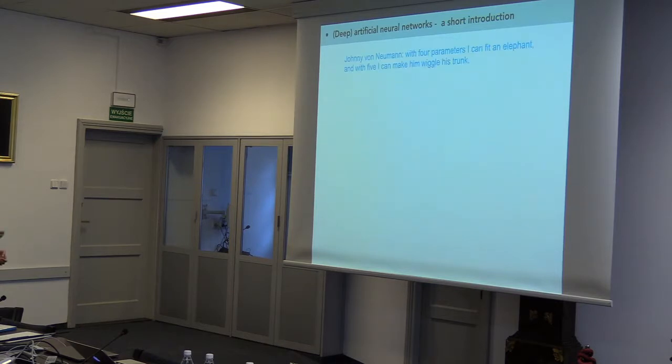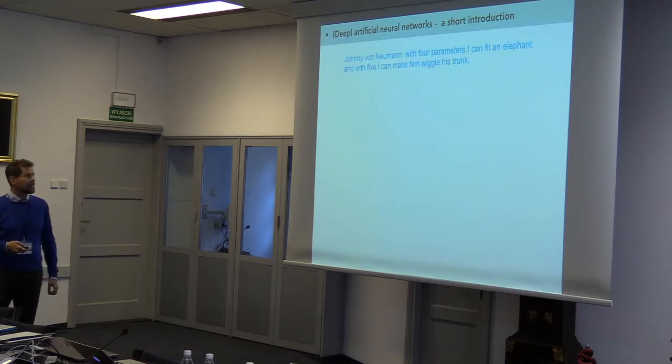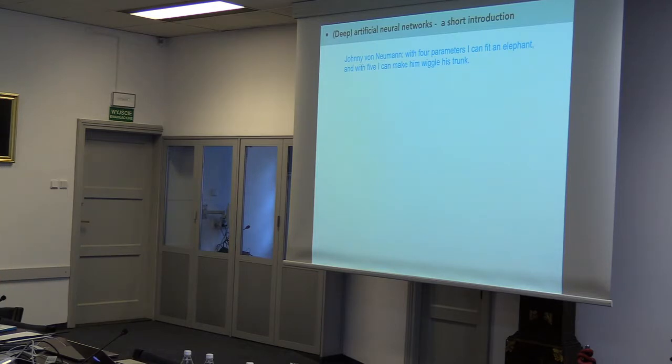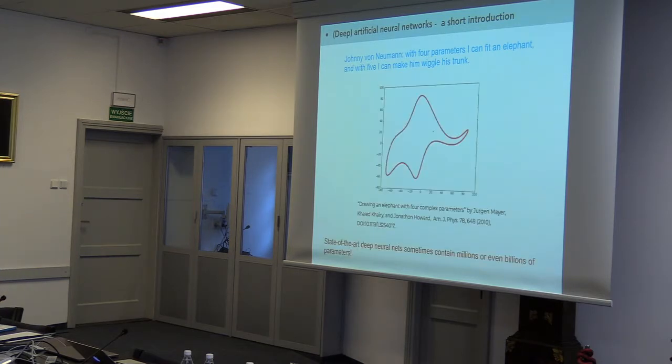John von Neumann said at one point that with 4 parameters I can fit an elephant, and with 5 I can make him wiggle his trunk. So with a lot of parameters, it's very easy to overfit, and actually it was shown in 2010 that with 5 complex parameters you can draw an elephant like this.